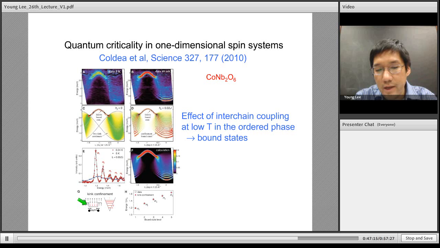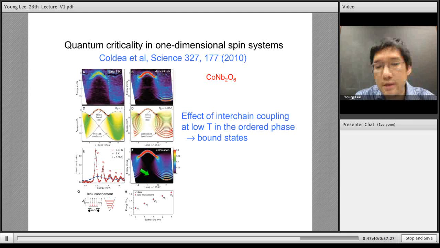So the longer that red segment is, the larger the energy cost. So these domain walls can no longer propagate away from each other to infinity, because that would cost too much energy, so they're bound. Another way to say that is that they're confined as well. And the fact that you have these bound states gives you this discrete spectrum in the excitations.